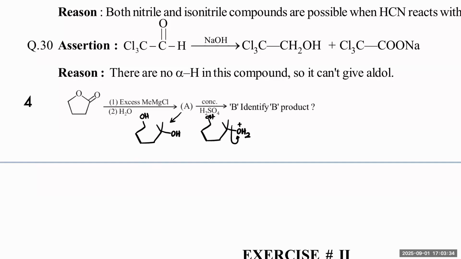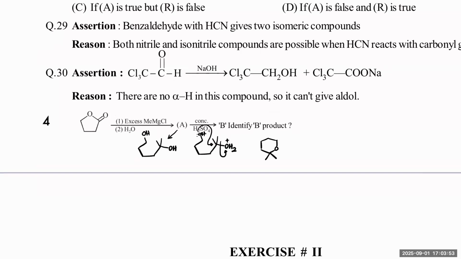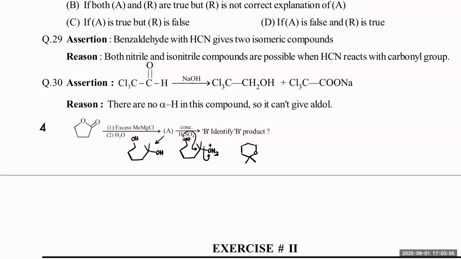And that's where the lone pair of oxygen will connect. So the 5-membered ring earlier, now it will become 1, 2, 3, 4, 5, 6. So it will end up getting a 6-membered ring with an oxygen and two methyl groups like this. So this is product B. Clear?